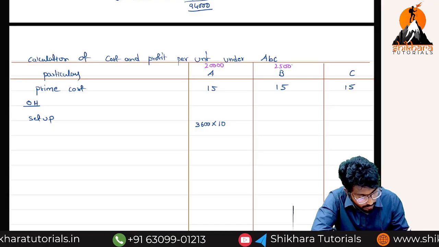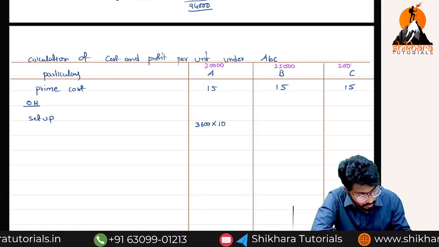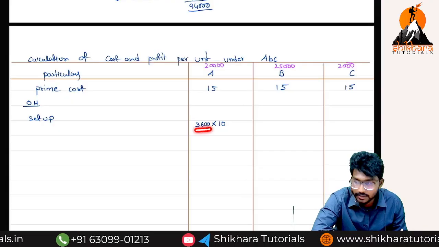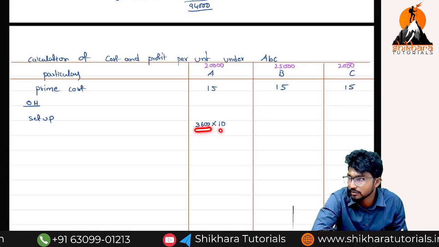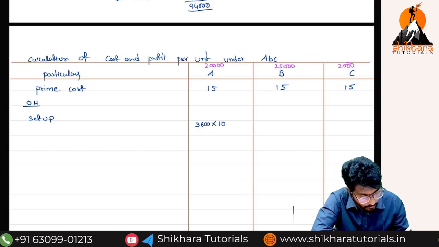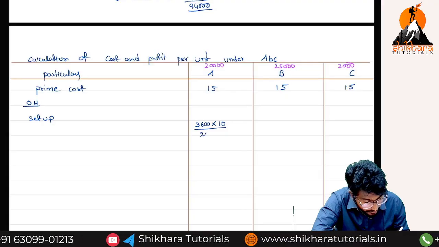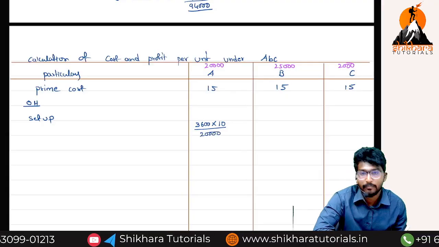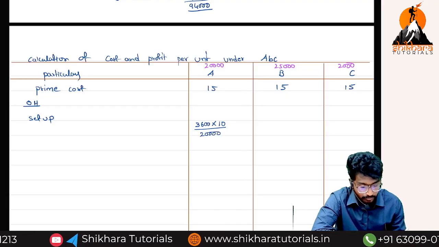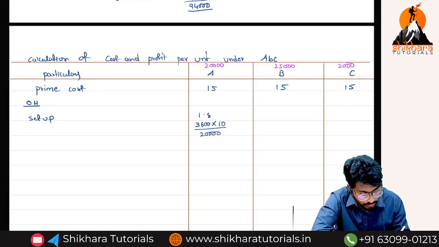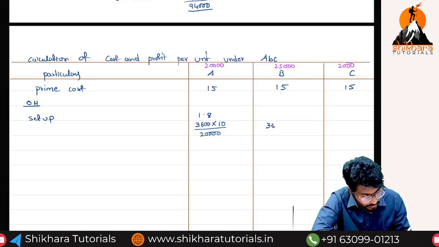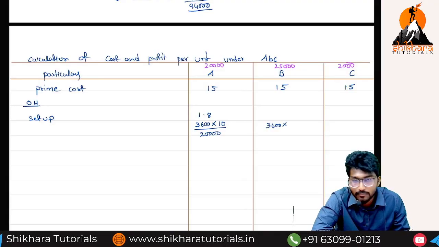For entire 20,000, this is 3,600 into 10, that is 36,000. Divided by 20,000 units, then you will get on a per unit basis 1.8.